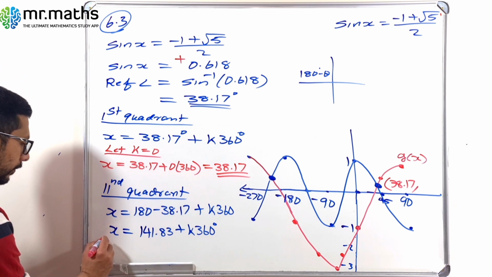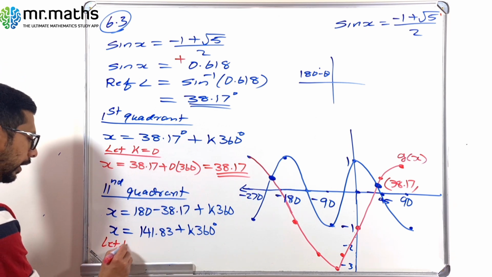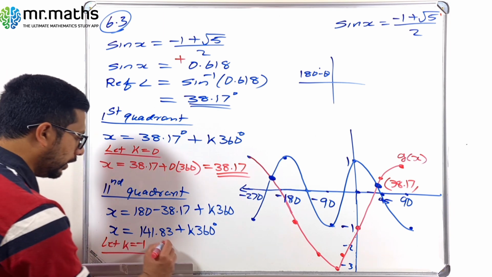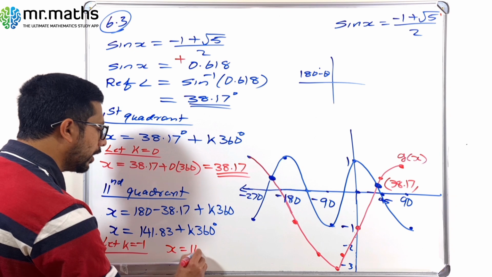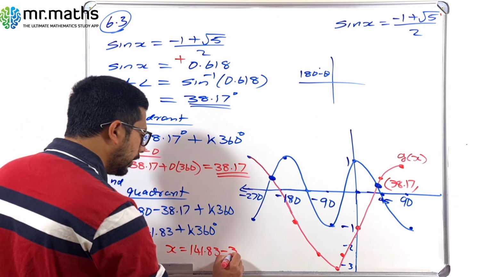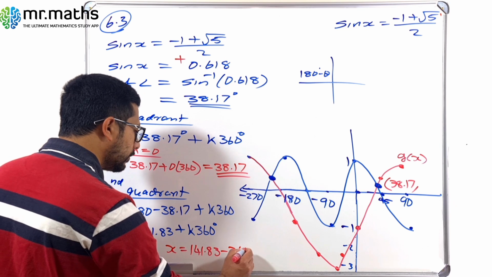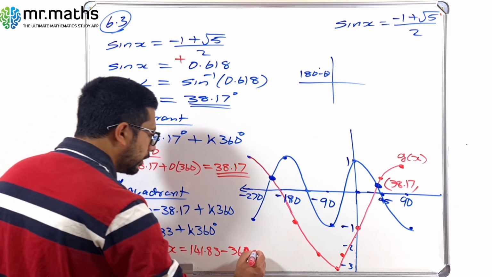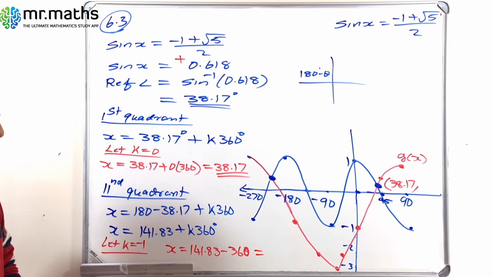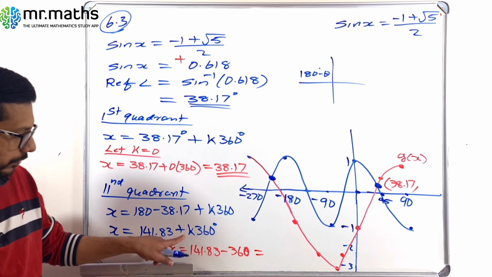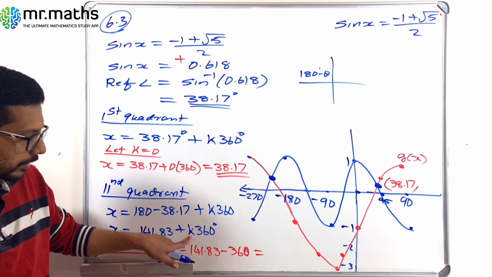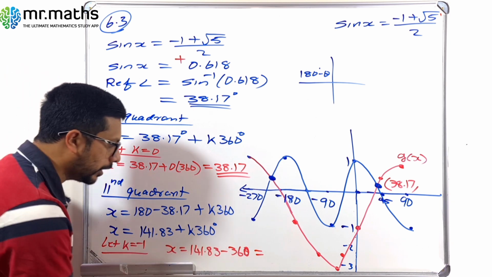Let k be equal to minus 1. Then what is the answer? x is equal to 141.83 minus 360. So check in your calculator what is the answer for that one. I substituted k as minus 1, so don't be confused here.